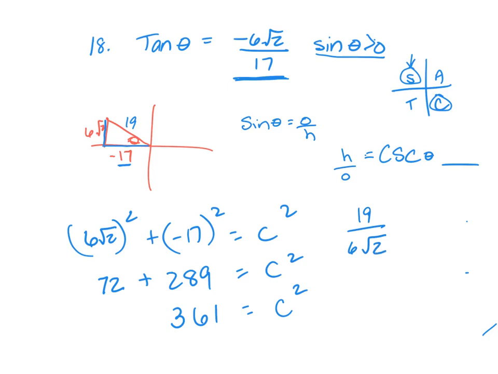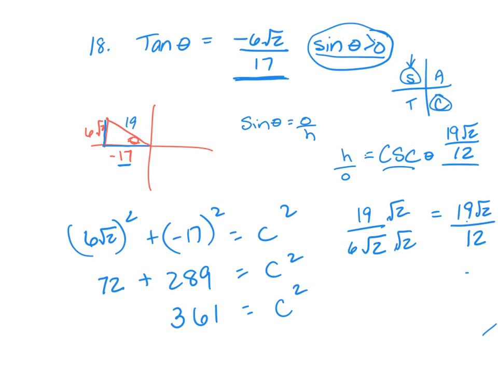All right, so then we have to get the radical out of the basement, and it's 19 root 2 over 12. Now, is that going to be positive or negative? You look at the clues again to make sure you're not making a mistake on the sign. Since sine is positive, cosecant, its reciprocal, is also positive. Okay, so that's how you tell the sign.